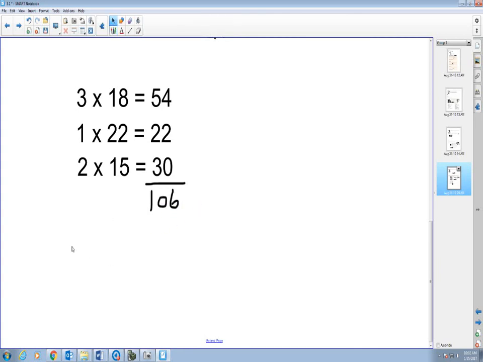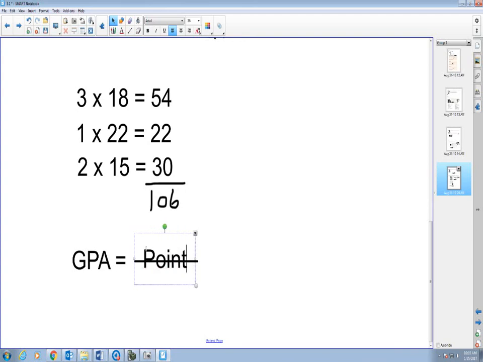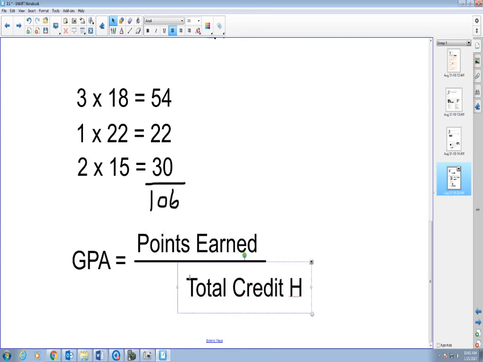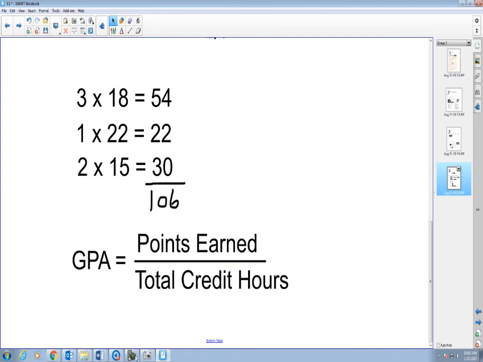So your GPA is actually equal to the points that you earn. If I do this by hand, points earned divided by total credit hours.